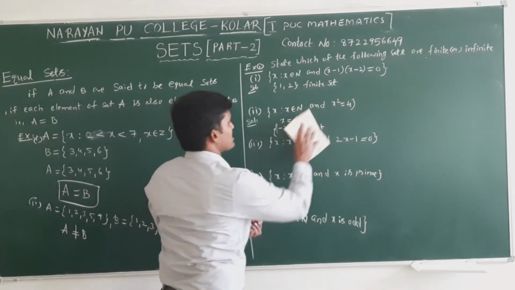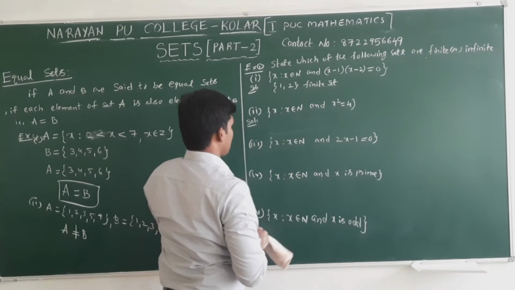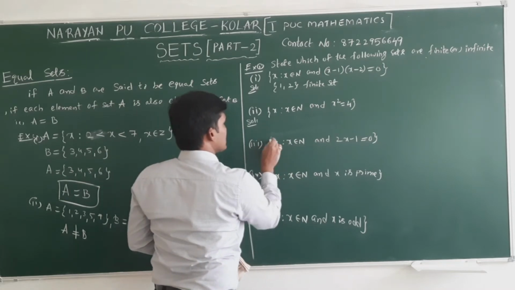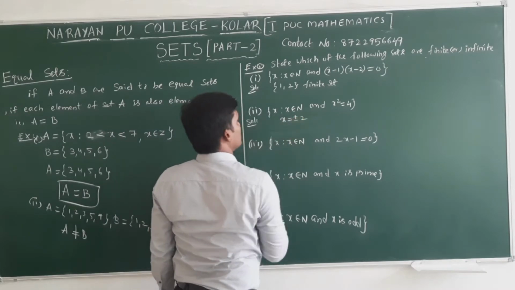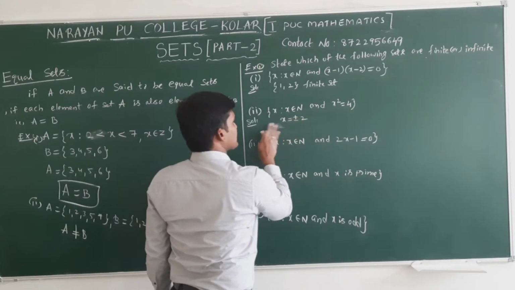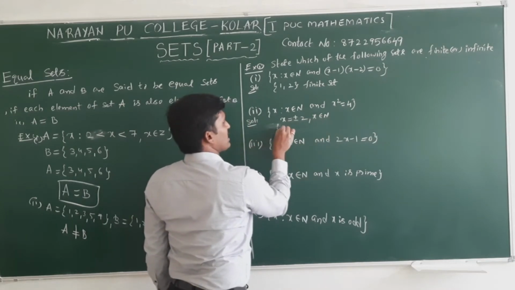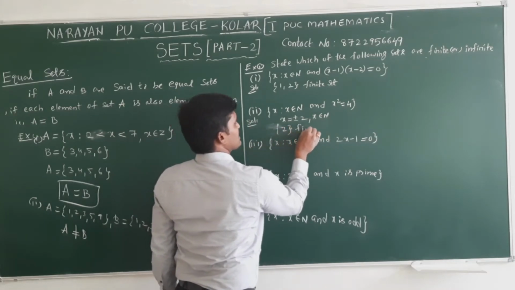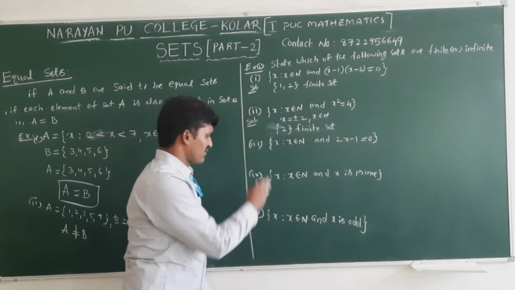So natural number means we need to consider only plus 2, because the set is already given. We get X as plus or minus 2, but X clearly belongs to natural numbers. That's why we are taking only 2. This is clearly a finite set. All are given as natural numbers only.